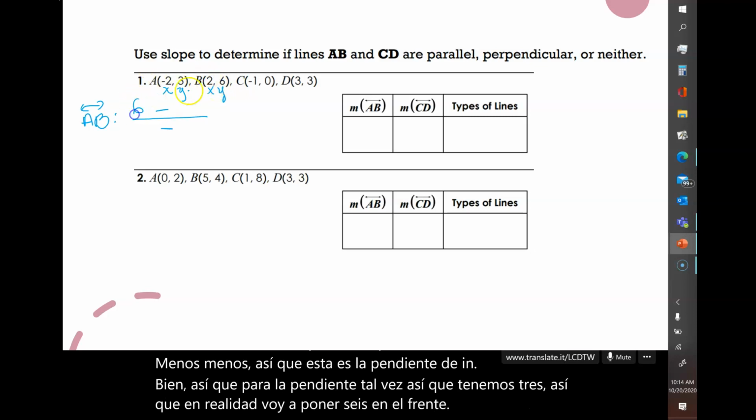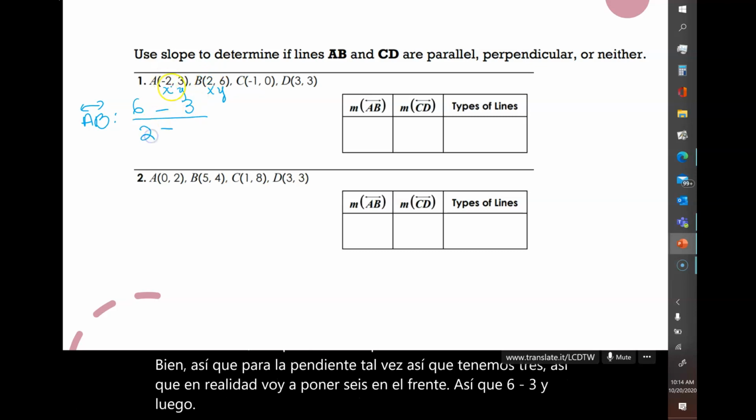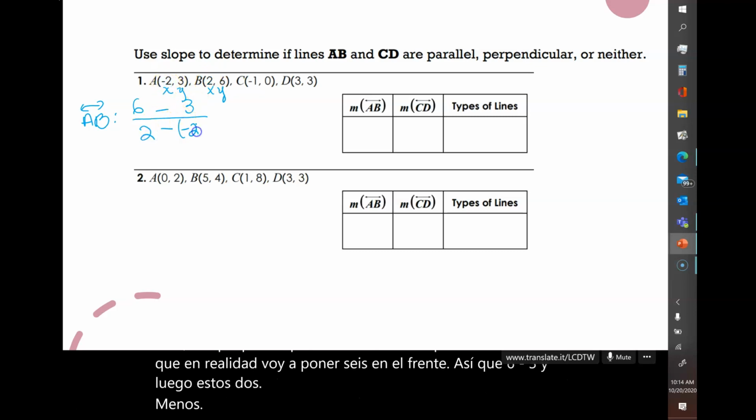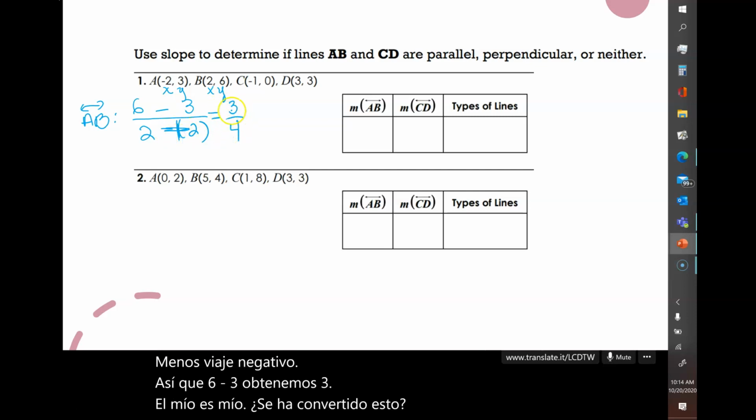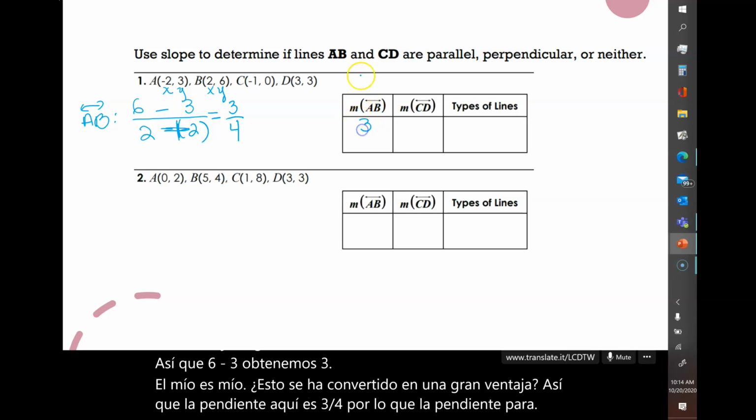So 6 minus 3, and then this 2 minus negative 2. So 6 minus 3, we get 3. Minus minus becomes a big plus. So the slope here is 3/4. So the slope for line AB is 3/4.